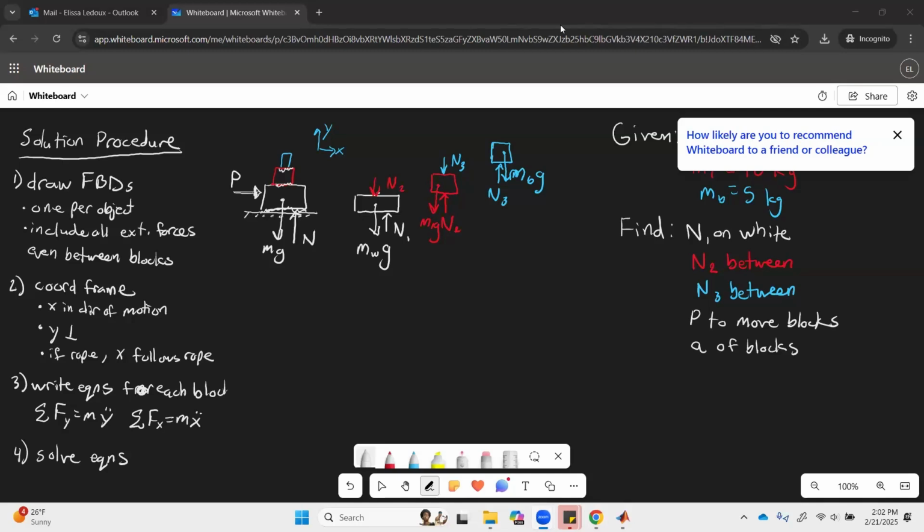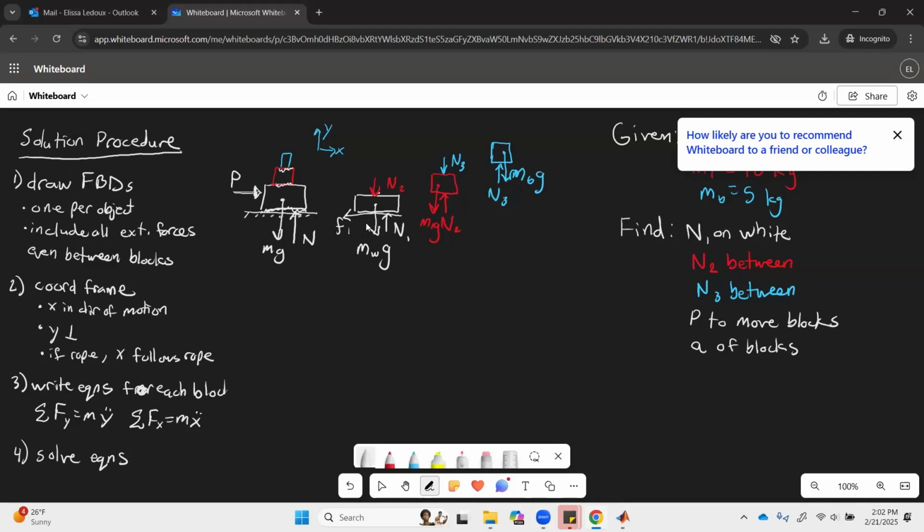So we know that this white block is going to try to move. P is obviously trying to push the white block to the right. So that means that the friction from the ground is going to be pushing to the left. And we'll call this friction 1 because it corresponds to normal force 1.